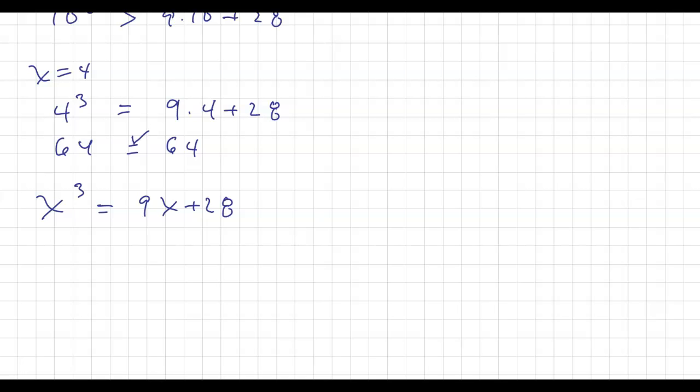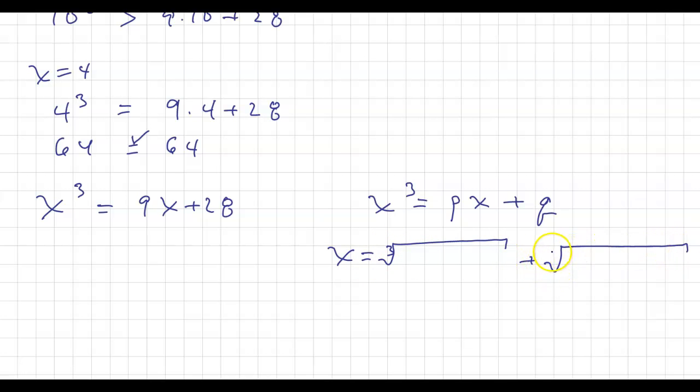But first I just want to show you that there is a formula, and this formula was published in the mid-1500s. The formula is for equations of the form x cubed equals p times x plus q. And the formula is pretty unusual looking. It's the sum of two cube roots.